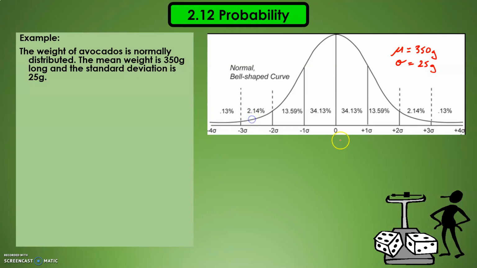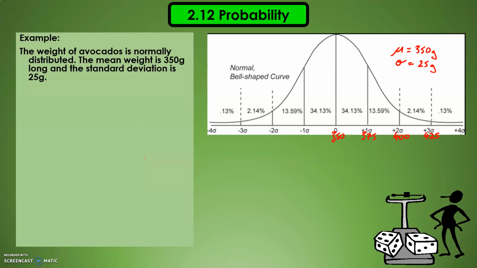So on this graph, I can say this is 350 in the middle, and one standard deviation above is 350 plus 25, 375. Two standard deviations, another 25, so that's 400, and 425 would be three standard deviations above.